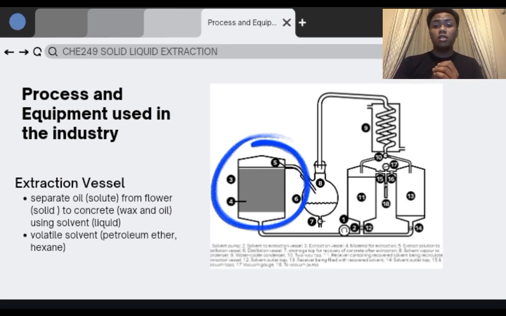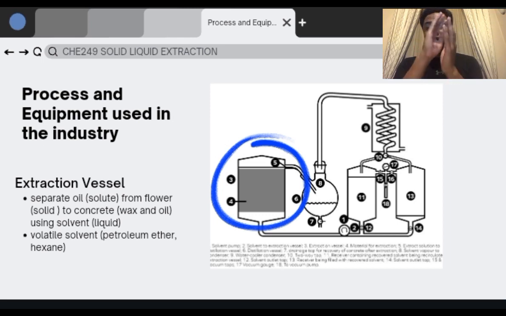This process is a solvent circulation process, but there is also a solid liquid extraction process, which, as I highlighted there, happens in the extraction vessel. Before I explain the equipment, I will explain the process of this PFD first.